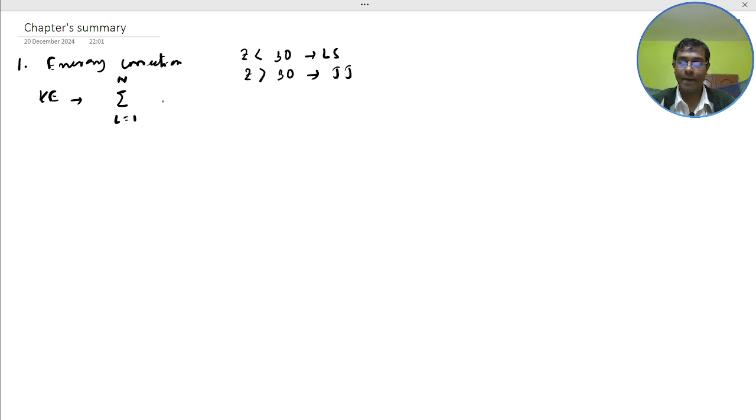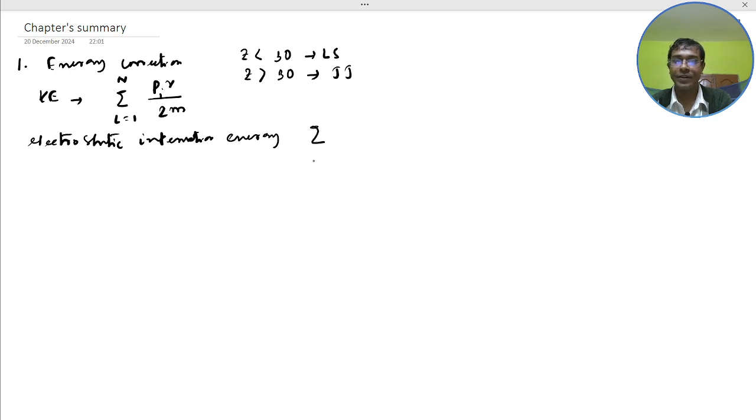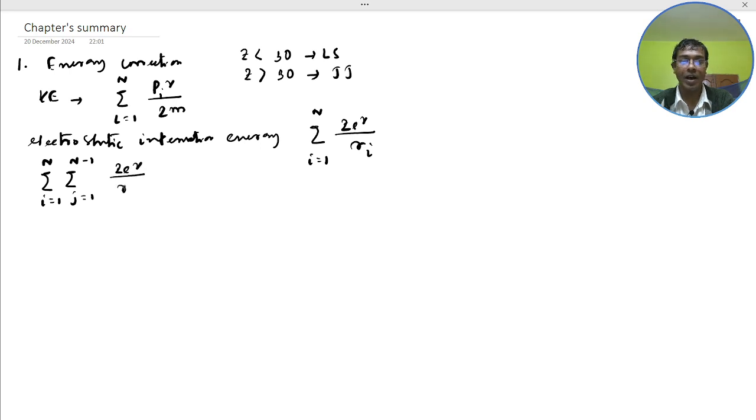For the kinetic energy, the correction becomes summation i from 1 to N of pi square by 2m. Second one, electrostatic interaction energy: summation i from 1 to N of Ze square by ri, and the mutual electrostatic energy, summation i from 1 to N, summation over j from 1 to N minus 1 of e square by rij.